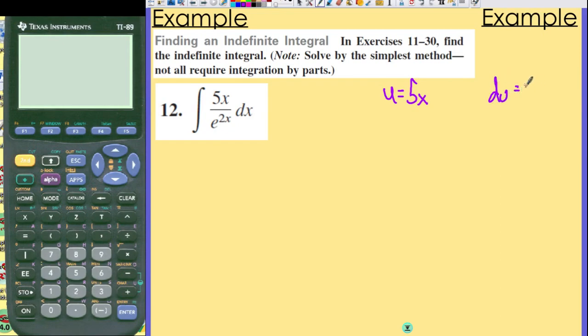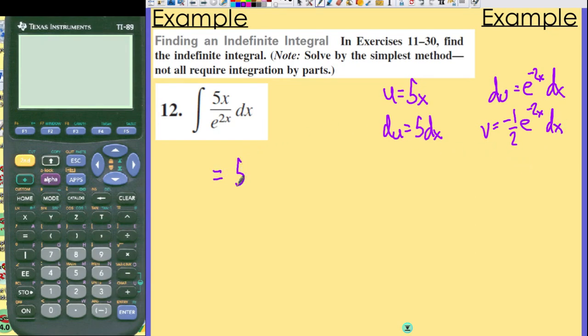dv equals e to the negative 2x dx. So du is going to equal 5 dx. v equals negative 1/2 e to the negative 2x. So let's see if we plug that in.